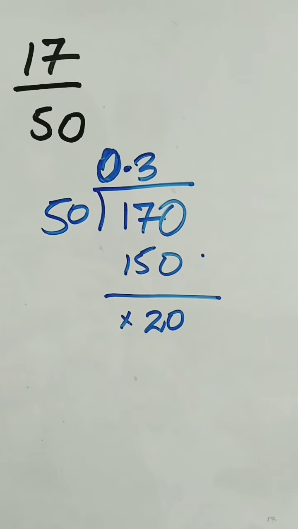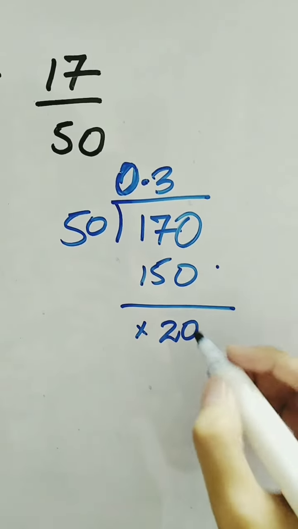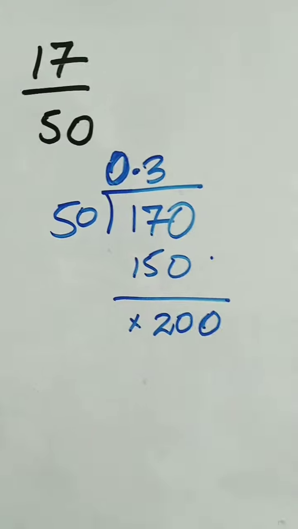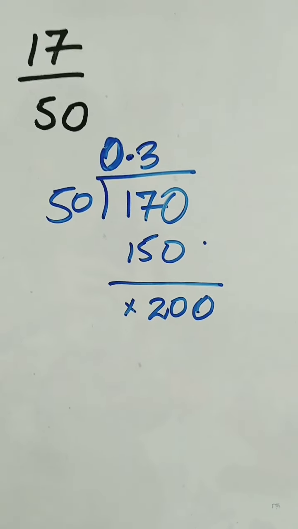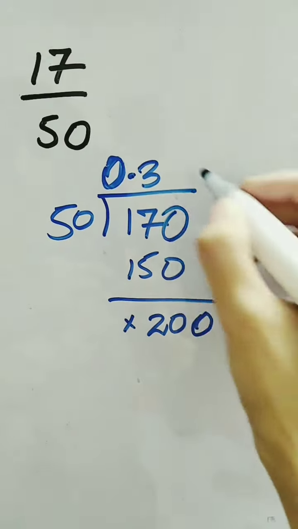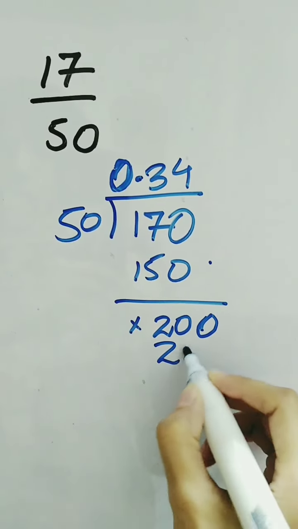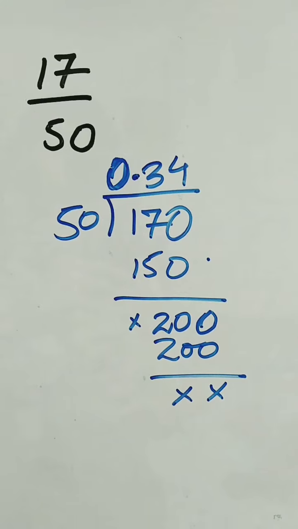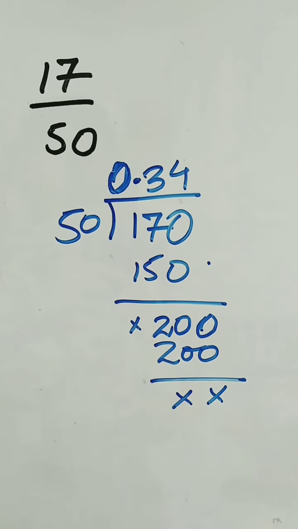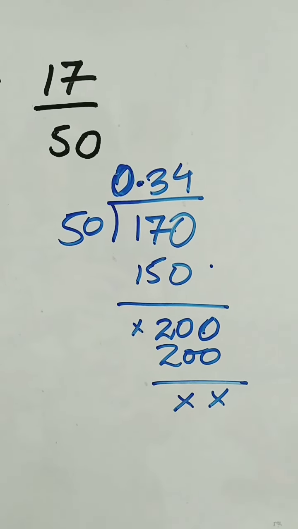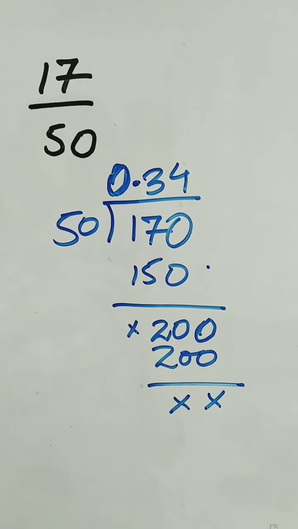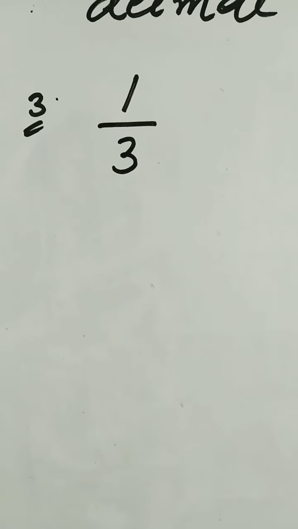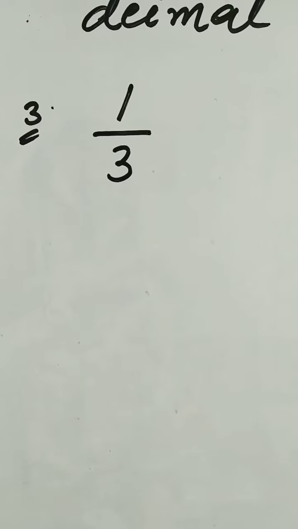Again, we know that 20 is less than 50, so again we place 0 here to make it a bigger value, and now we know that 50 into 4 is 200. Now this is completely divided and we have the decimal value for the given fraction, which is 0.34.